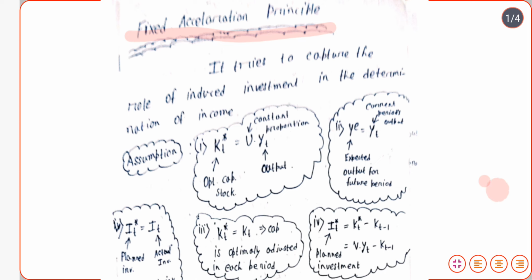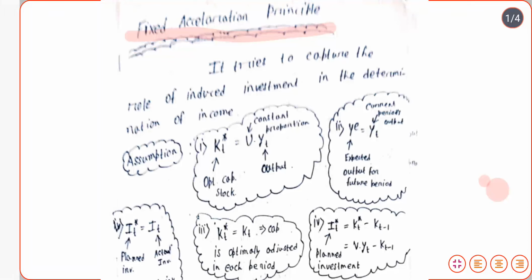Now, this simple acceleration principle tries to capture the role of the induced investment in the determination of income. That means how the investment is increasing, and how the income is being determined by the increased investment.